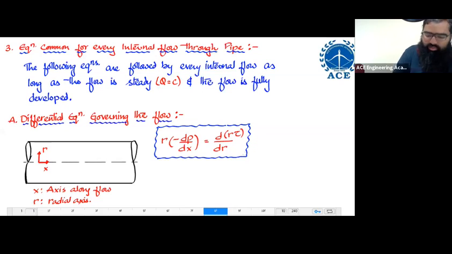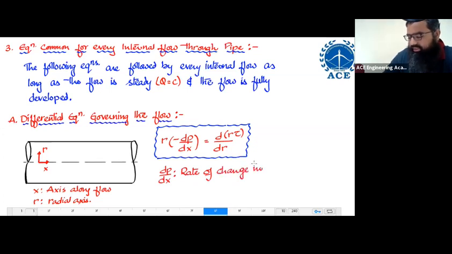Now what is this dP by dx over here? dP upon dx is basically the rate of change in pressure along flow. Tau, of course, is your shear stress.